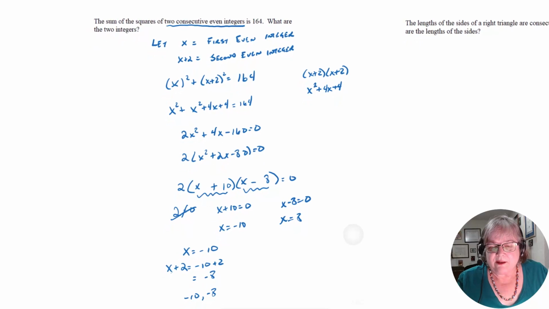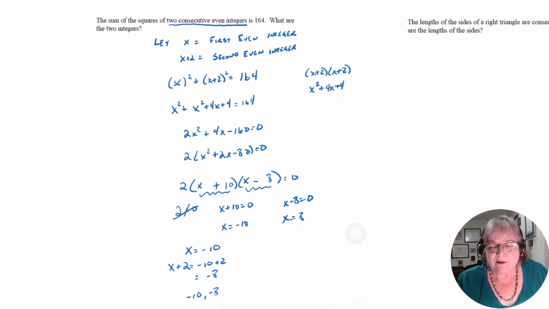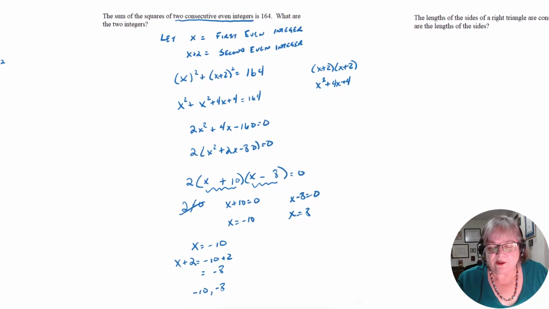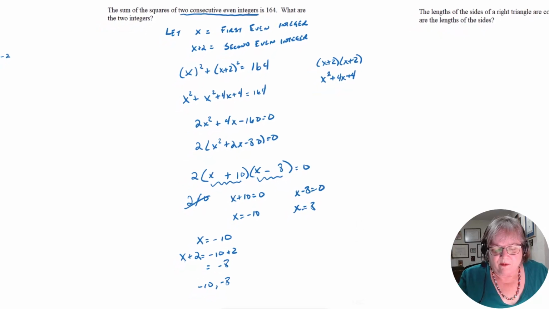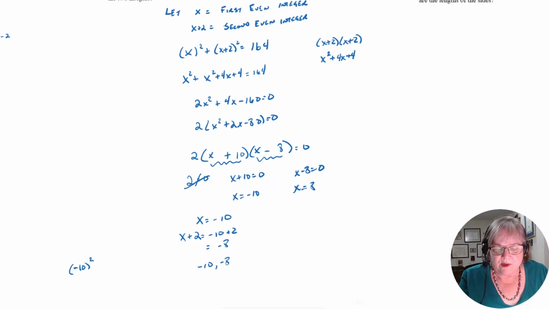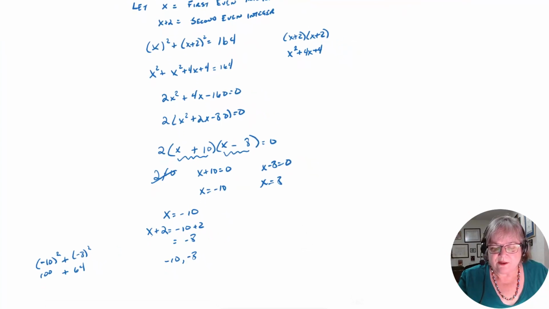All right, is this true? Are the sum of the squares of these two integers 164? All right, what's negative 10 squared? Wouldn't that be 100? And what's negative 8 squared? Isn't that 64? And yeah, that's 164.